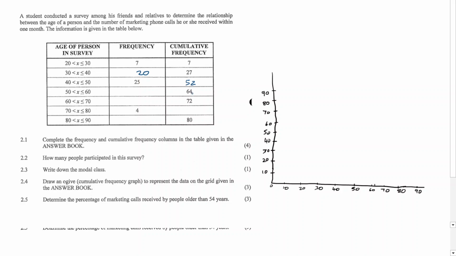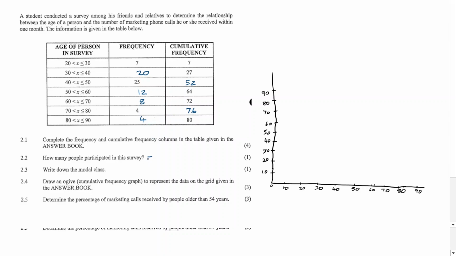Then it's jumped by another 12, so 12 more people have come in. Then another 8, so 8 more people have joined. Now we're given that 4 more people have joined, so that's 76. And lastly, it's jumped by another 4, so 4 more people have joined. That's how you fill in the frequency table and the cumulative frequency, going backwards and forwards.